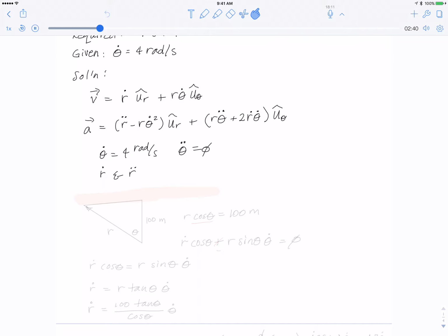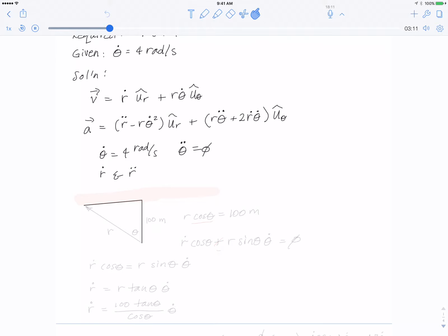You can see from the picture, as the searchlight rotates, as the angle increases, the distance the light has to travel to hit the wall is also increasing. So there is a change in length. So there's an r dot, and there's probably an r double dot. So we're going to have to do a little bit of geometry to solve this. So I'm going to draw the picture of the triangle of the radius and theta.